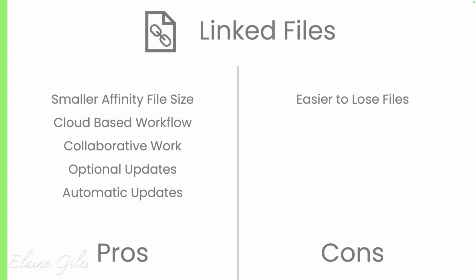Well, if the image that you've embedded is a logo, and you have 500 files with your corporate logo on it, or your church logo, and the logo is updated, do you want to go back through 500 files and update them manually? Probably not. That might be where it would be better to link the files. You still have the option whether they're updated or not, but if it is a logo and you need 500 files rebranded, that's going to be the fastest way to do it.